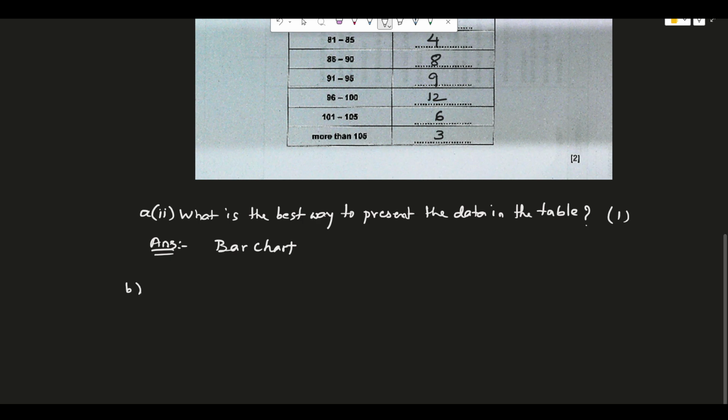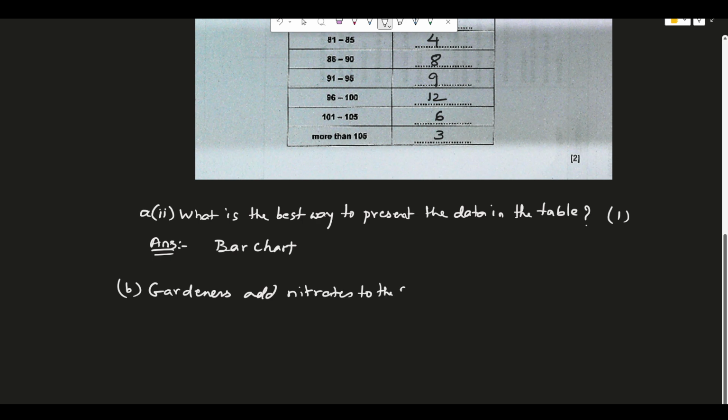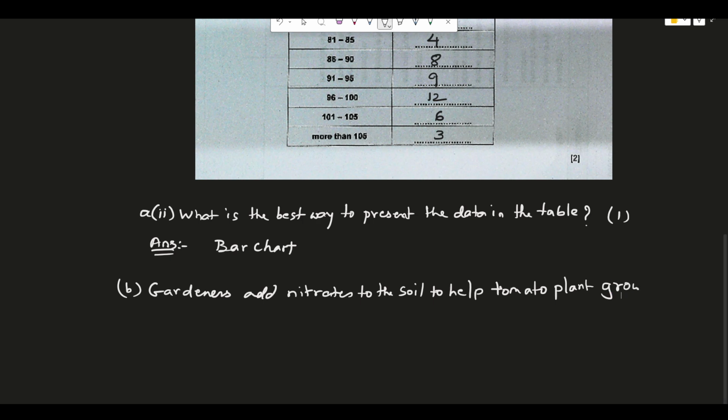And the last question is 14B. This question says that gardeners add nitrates to the soil to help tomato plants grow.